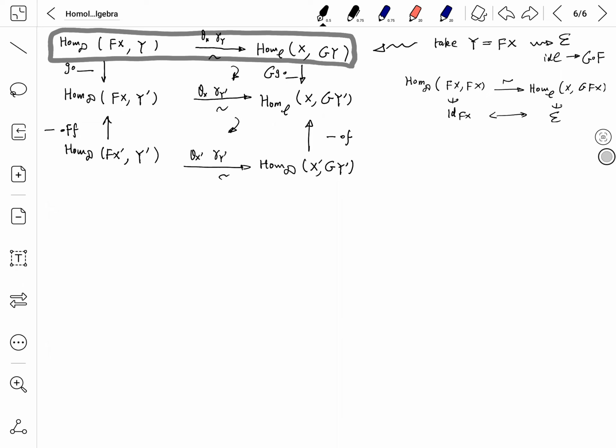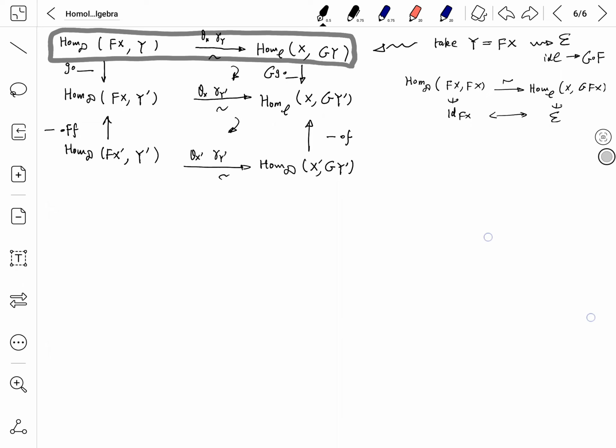A priori, at this moment, this is just a map from identity of C to G composed with F. You haven't checked it's a natural transformation. You have to check that.